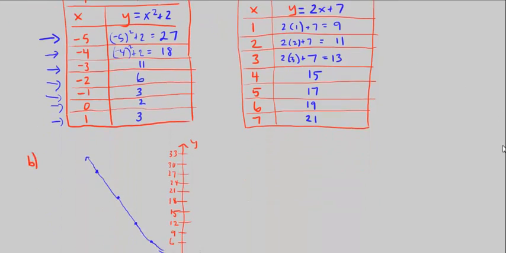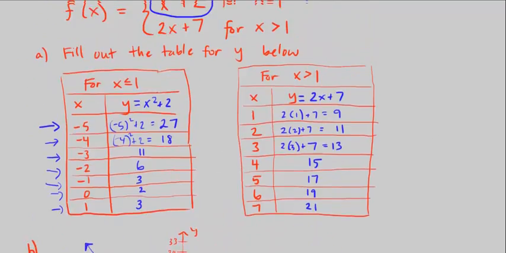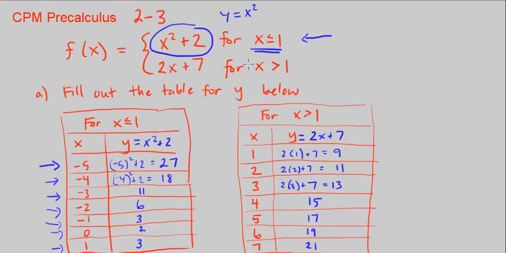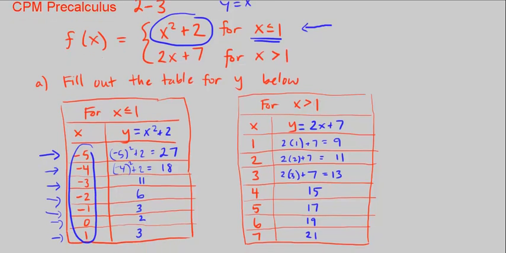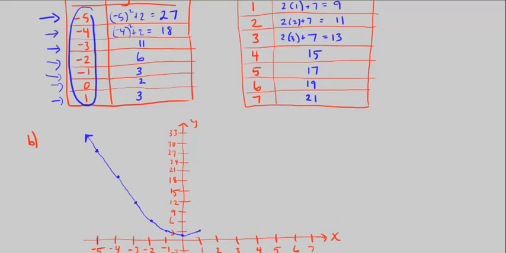Okay? So when we graph that, it kind of looks like this, but we're cutting it off here at x equals 1, right? x less than or equal to 1 is where we wanted to define it, so that's why we're going from x equals negative 4 to positive 1. Alright, so now let's go ahead and graph the rest of the function.